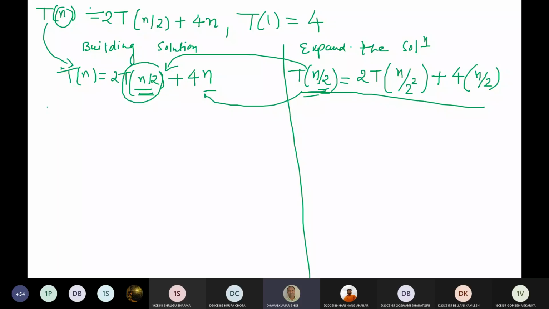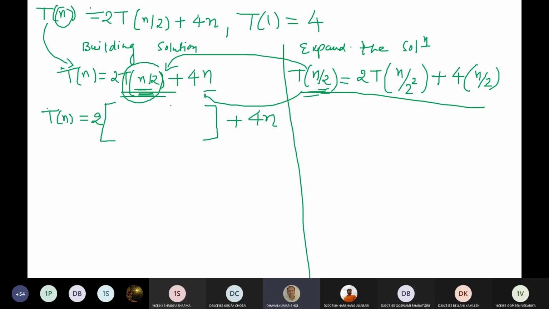So what will we be getting here? See here, t of n is equal to 2 as it is. Then in this square bracket, we require to write down what we received for t of n by 2 plus 4n. So for the simplification, I have just written this square bracket in place of t of n divided by 2.